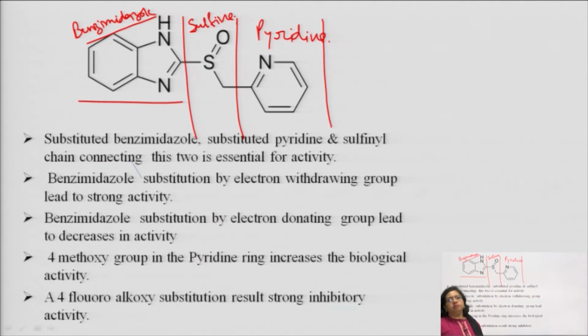All proton pump inhibitors must contain the basic nucleus, that is your benzimidazole, substituted pyridine and sulfinyl chain. So, these are the basic requirements for proton pump inhibitors. The sulfinyl chain is the connection between benzimidazole and pyridine. It is essential for the activity.